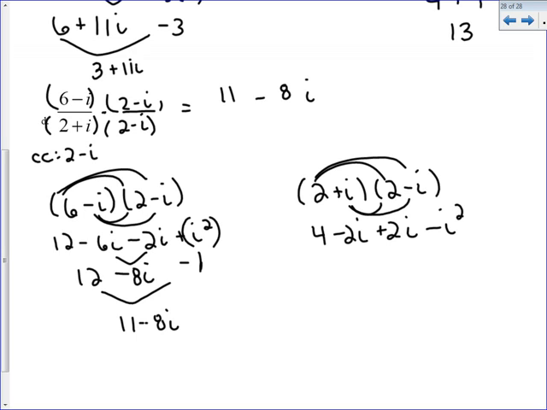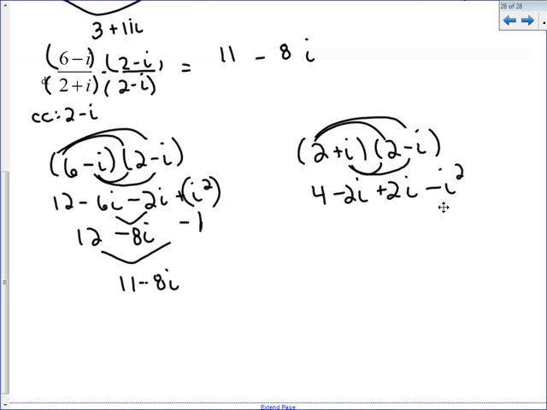I didn't catch as many of you as I usually do with this problem. Minus i squared. It's got a minus sign out front, and then what goes in place of the i squared? Minus 1. So a negative, negative 1 turns into positive 1.